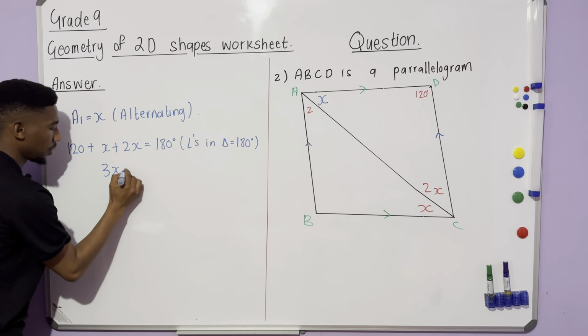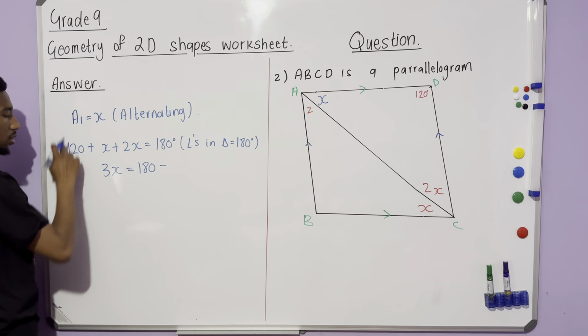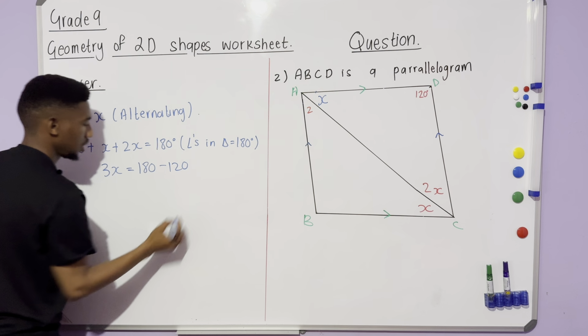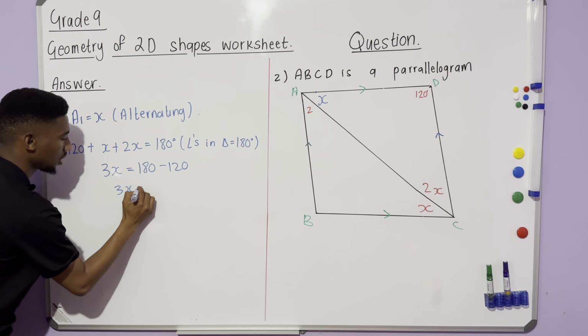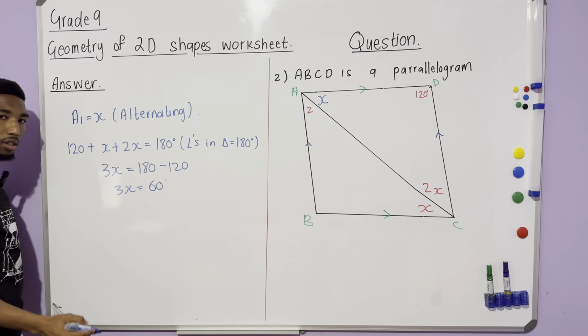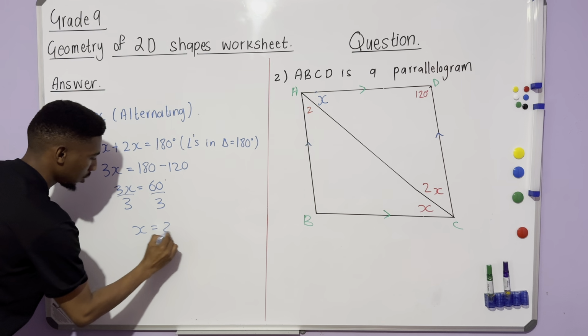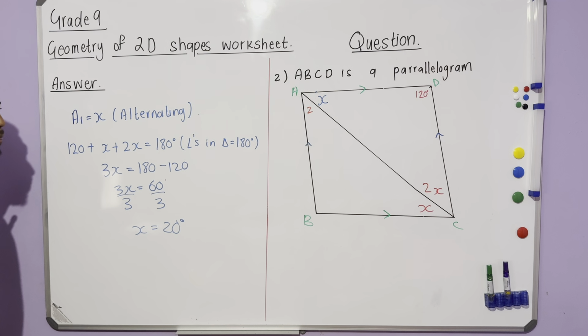Our like terms we keep to the left. 3x is equal to 180 minus, we take 120 over, and then we have 3x is equal to 60 degrees, and to find x we divide by 3. x is equal to 20 degrees.